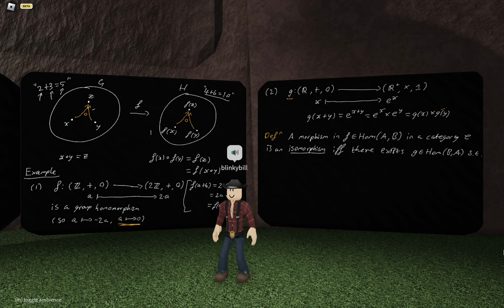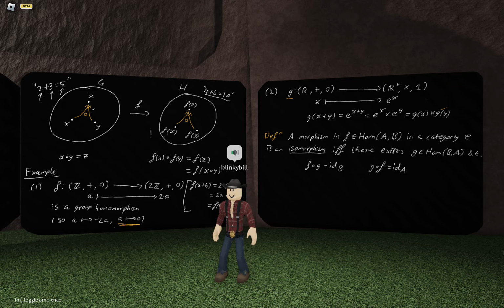Such that the composition F composed with G is the identity morphism on B, and also the other direction, G composed with F is the identity morphism on A.